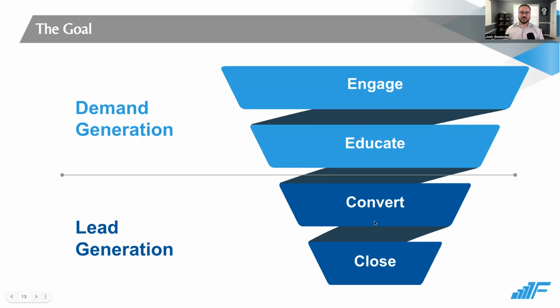They want to jump down to lead generation and immediately convert people that have never even heard of their company. And there's very few ways that we've actually ever seen that work. And it's usually not very consistent. So again, it doesn't create a scalable situation for revenue.